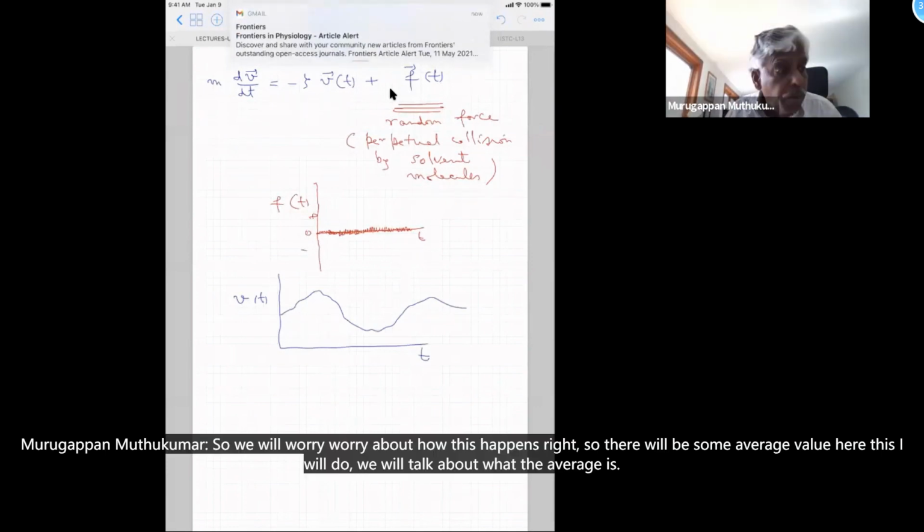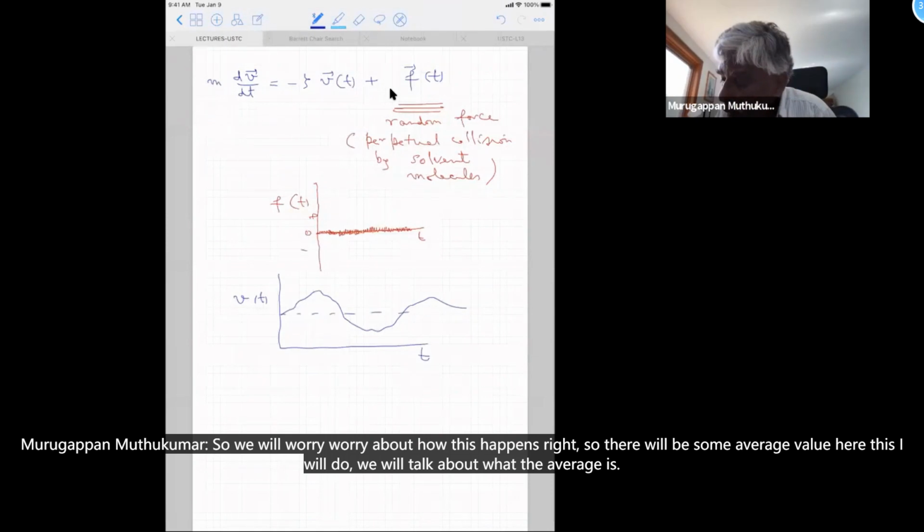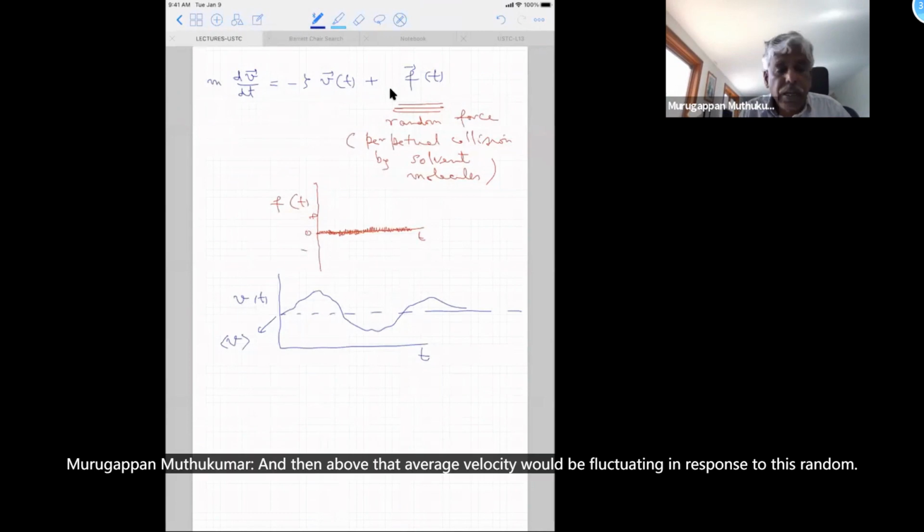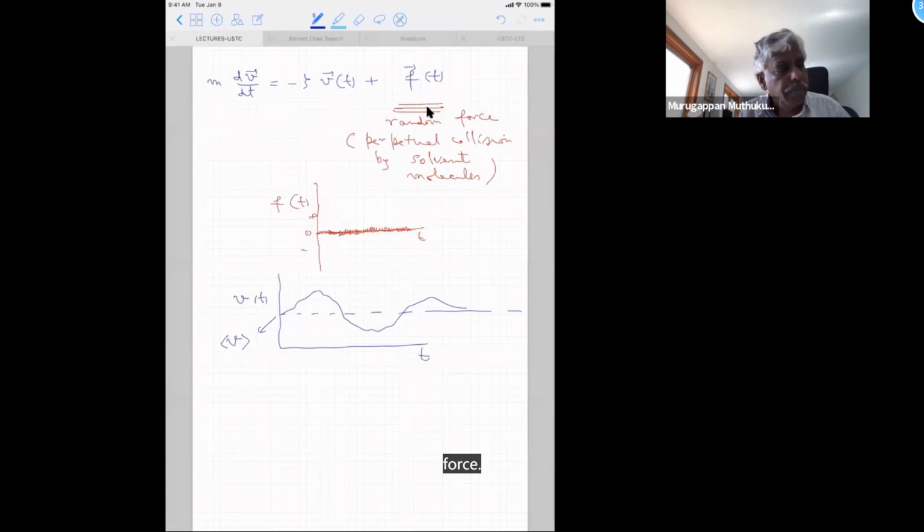So we will worry about how this happens. There will be some average value here. This is average v. We'll talk about what that average is. Above that average, the velocity would be fluctuating in response to this random force.